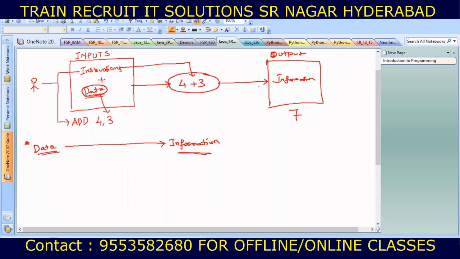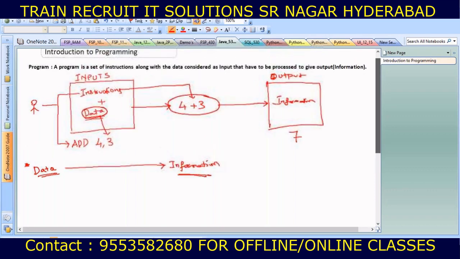So what I'm trying to say at the end of the day is, go back to the program definition: a set of instructions along with the data, considered as input, that are to be processed to give the output. Sir, what is the processing that I'm going to do? You are going to do the processing by logic application. What kind of logic, sir?